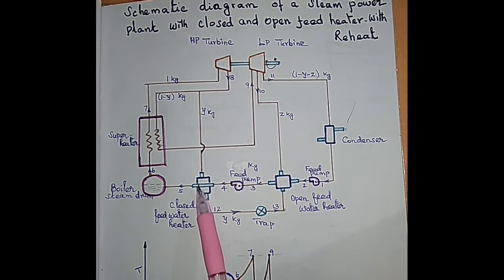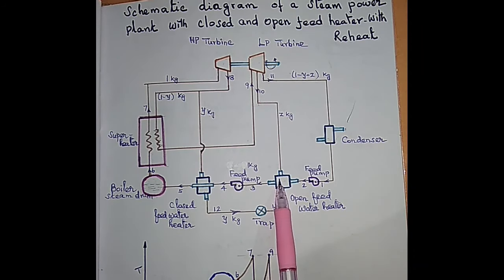So this steam which is used for heating the feed water going through the tube will get condensed, and afterwards through a steam trap the condensate is getting mixed up again with this steam as well as this one.